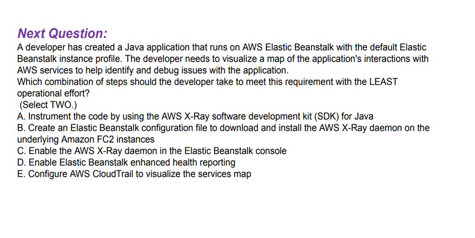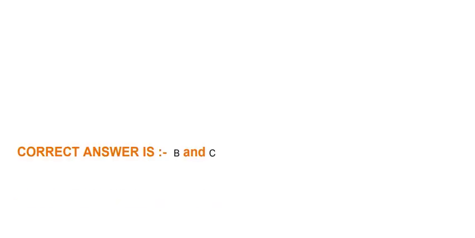Option D. Enable Elastic Beanstalk Enhanced Health Reporting. And option E. Configure AWS CloudTrail to visualize the service map. The correct answer is option B and C.